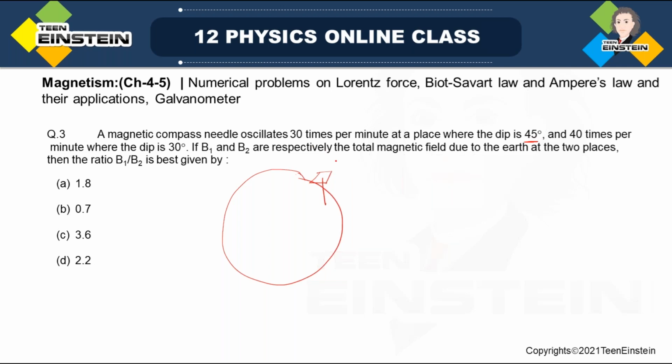Oscillating means frequency. So we can find out oscillations per second, which is actually frequency. So this will be half per second, and that means the time period is 2 seconds. Actually, frequency and time period are reciprocal to each other. So we have got the first time period.